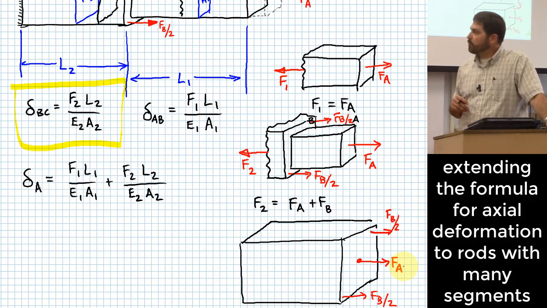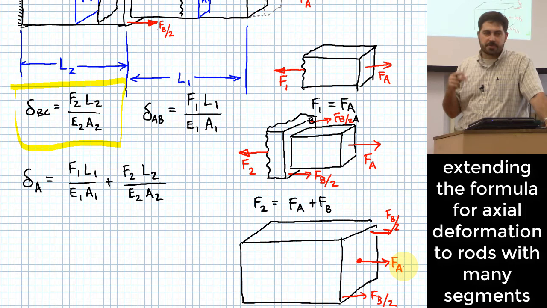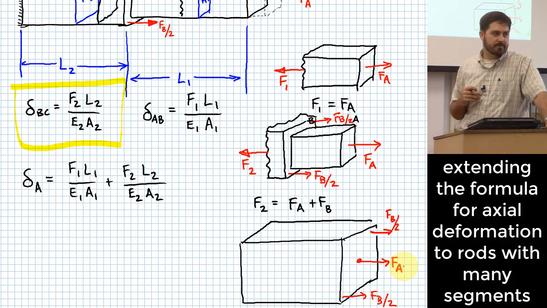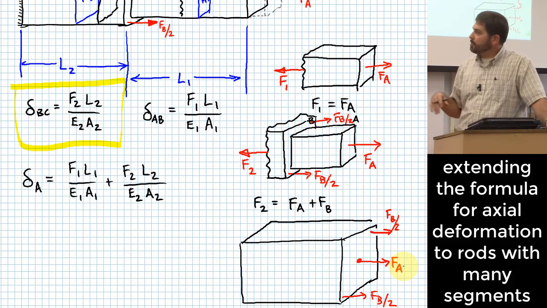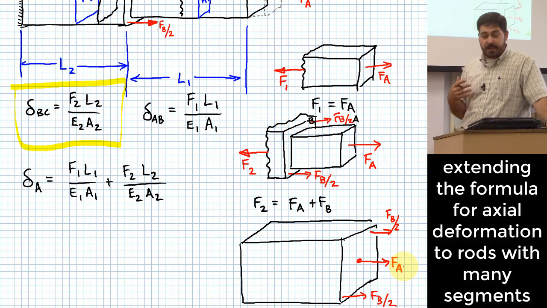My next question for you is, did I have to limit this to just 2 segments? All the principles that I showed up there look to me, at least, like they would hold for as many segments as I wanted to stack up. Do you agree with that?